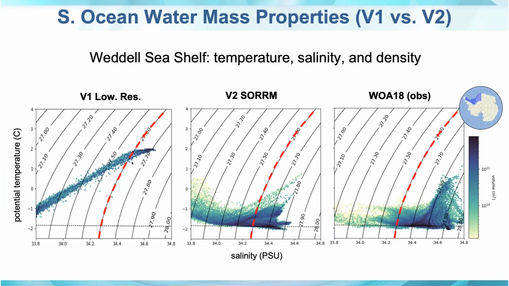So in our Southern Ocean refined mesh simulations, we're doing a much better job of approximating the water mass properties on these big ice shelves. You can see that in these two plots on the right. That red line is where the warm circumpolar deep water masses sit, and that's where the density battle between these two water masses takes place.